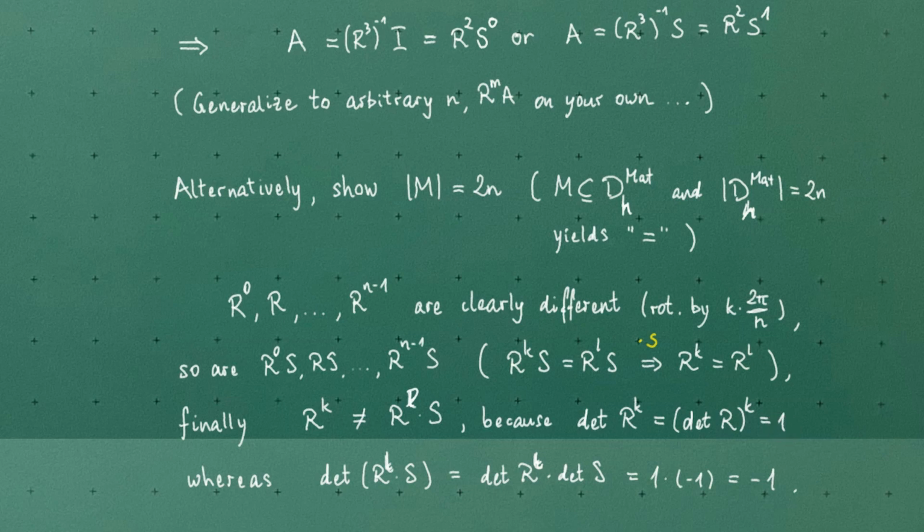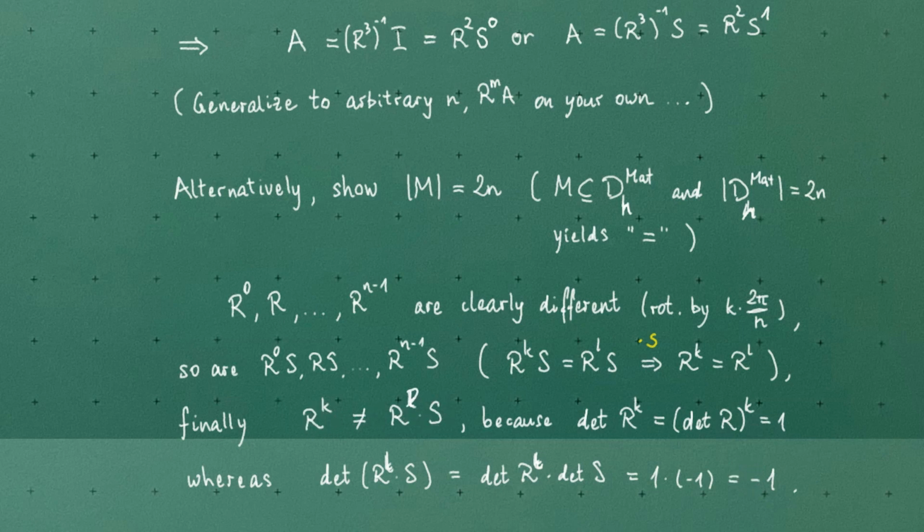So we have 1 to the k, which is 1. Whereas here I get, again by multiplicativity of the determinant, the determinant of this guy times the determinant of s. This again is 1, and the determinant of s, no matter what s actually is, as long as it is a reflection, is always minus 1. So the determinants are different, so those cannot be the same matrices.